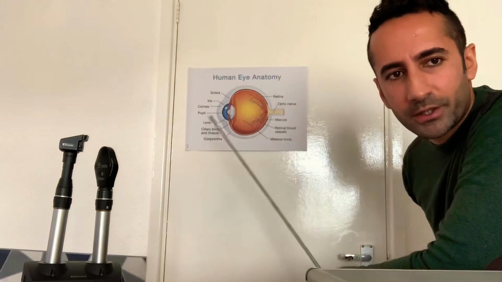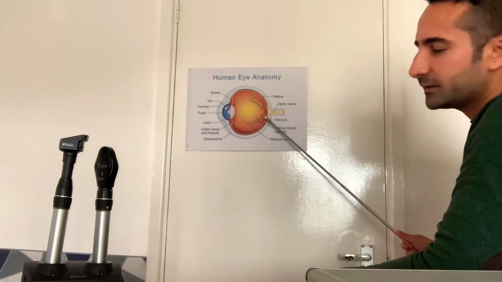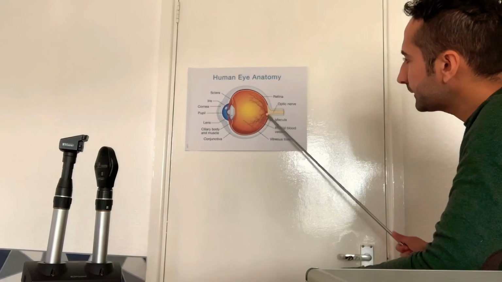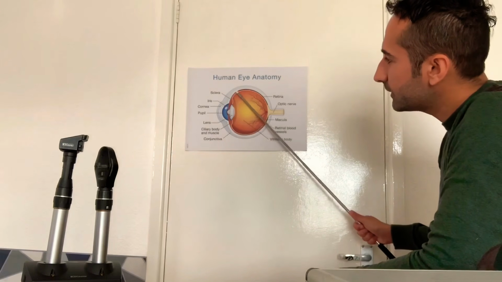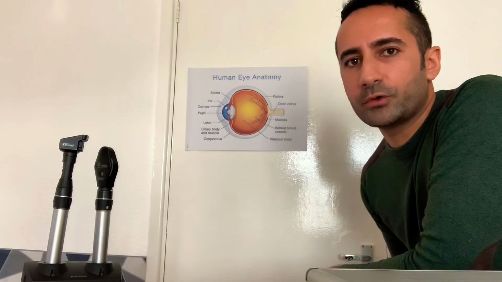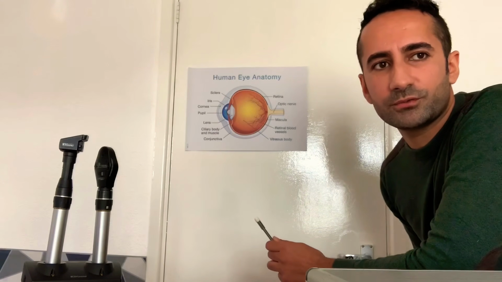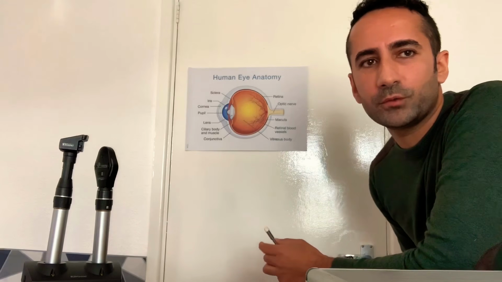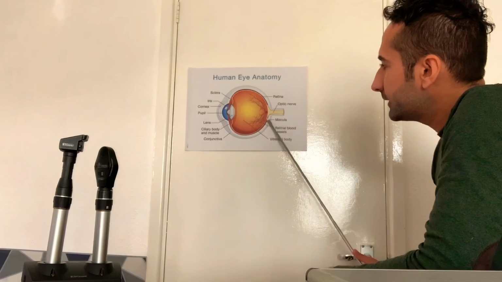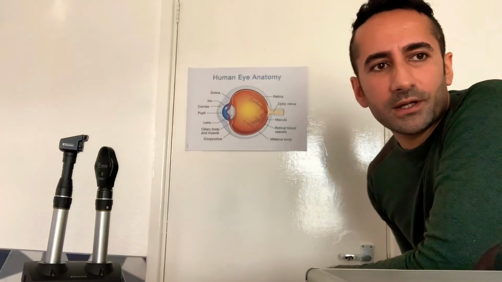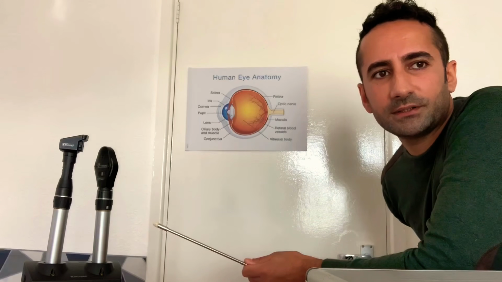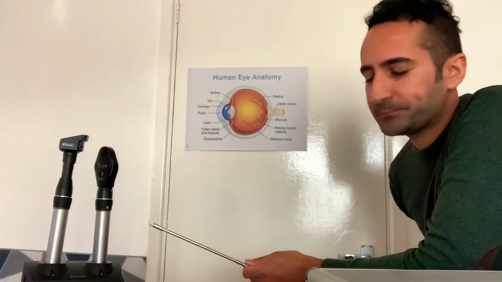As we migrate away from the macula to the peripheral retina, this is where you find your highest concentration of rods, a photoreceptor responsible mainly for night vision. The cones are mostly associated with daytime vision and fine colour.